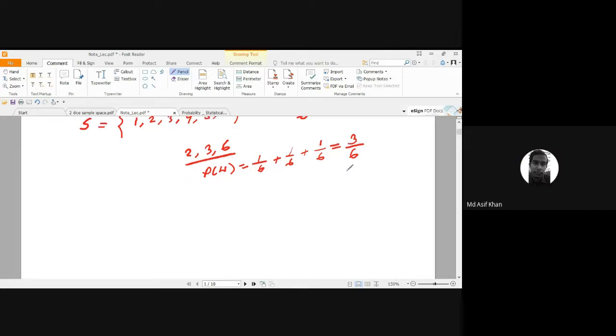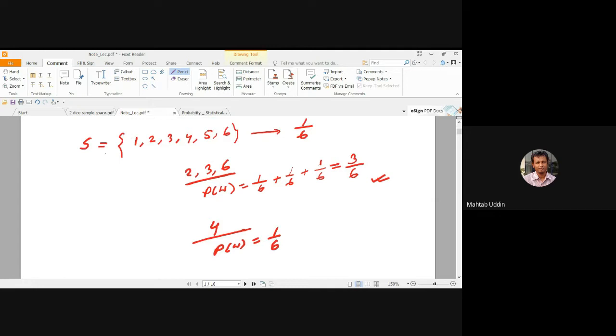Say this game is over. In another game, if you get a 4, you will win the game. Then the probability of winning is 1 by 6. Am I right? Yes, sir. Now you can see the sample space is fixed and the individual probabilities are also fixed.